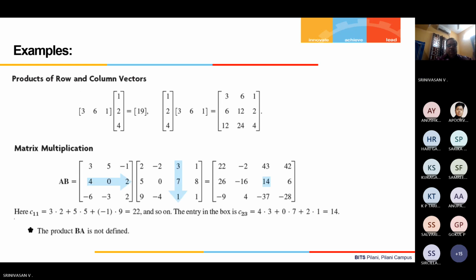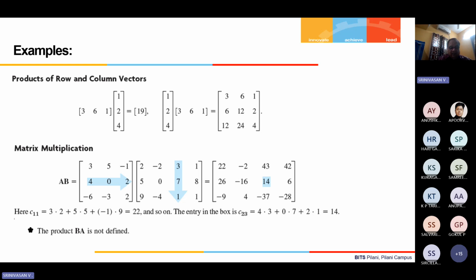Now, just see that this is again a vector, this is also a vector. This is a row matrix, this is a column matrix. The same thing, 3 into 1. So, this is 1 by 3, 1 row, 3 columns. This is 3 rows and 1 column.